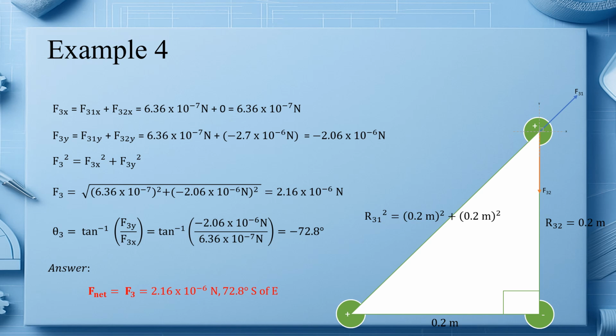So we combine the x components and then you get the resultant for F3. So solving for the angle, we have tan inverse of F3y over F3x. So the net force F3 is equal to 2.16 times 10 raised to negative 6 Newton, 72.8 degrees south of east.